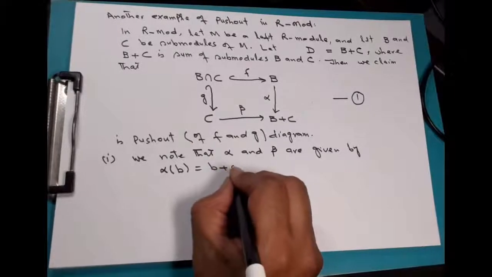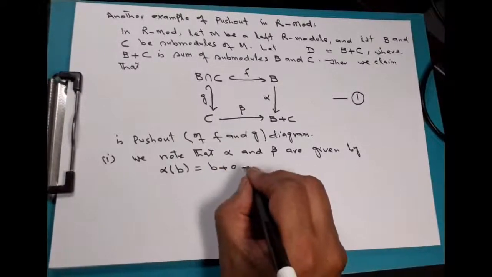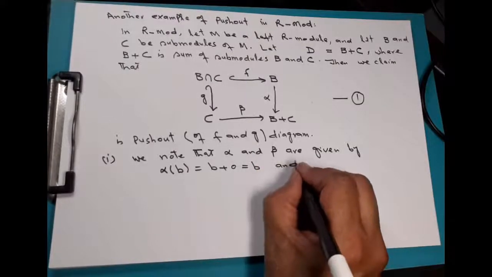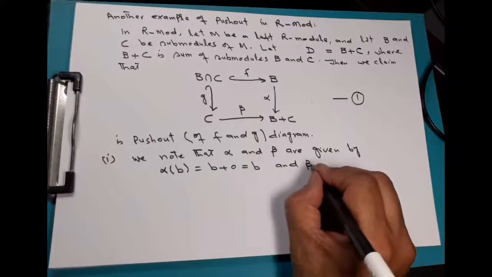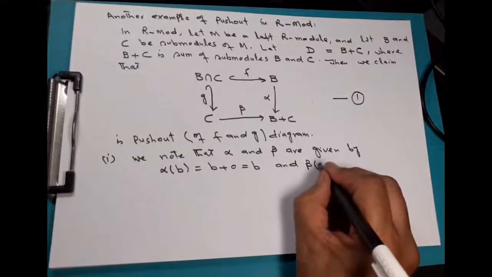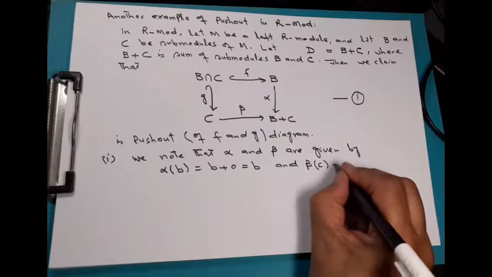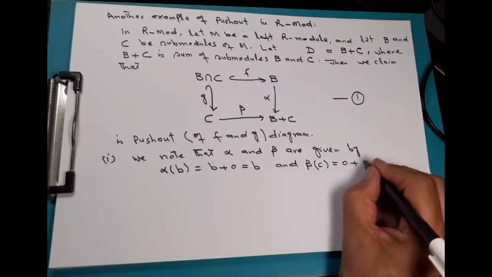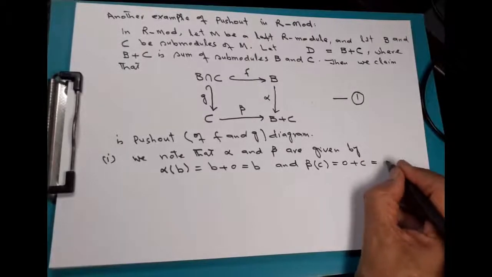In fact, this is just b. And effect of beta on any element of C, let's write it as c, is equal to 0 plus c, and this is equal to c.